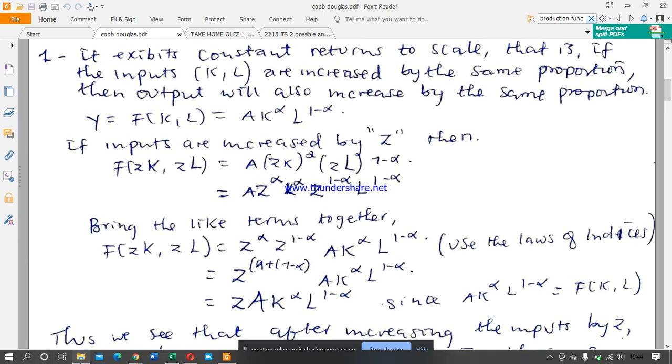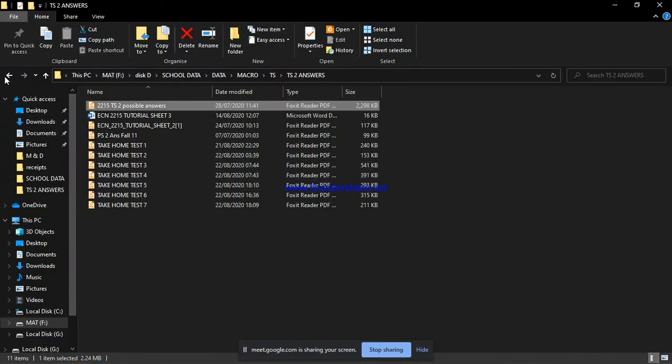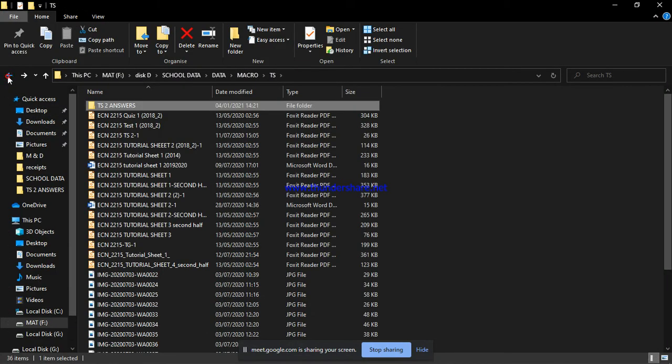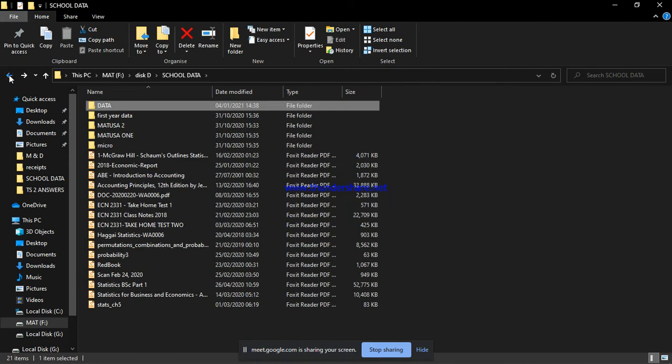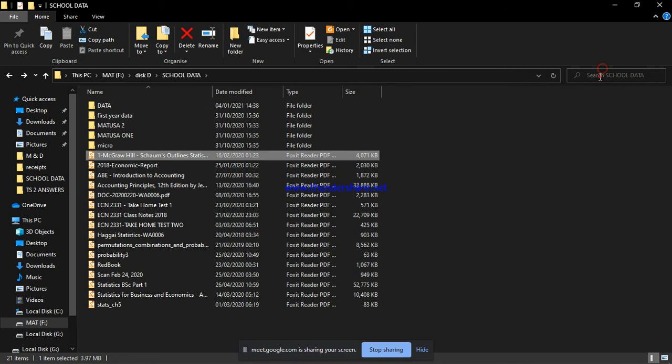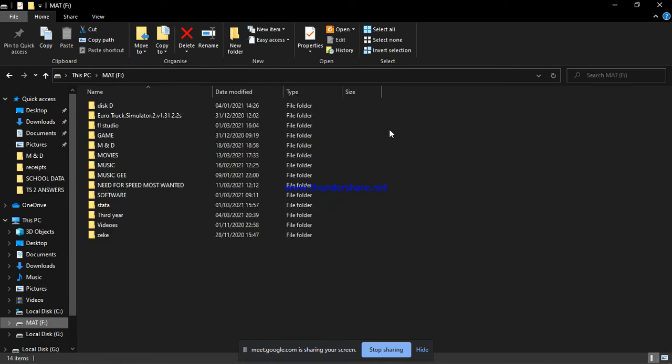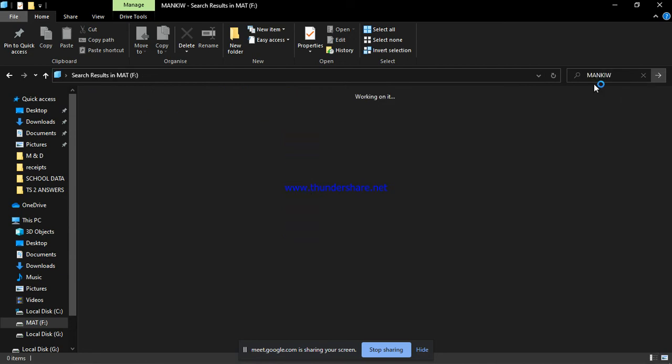If you have this book, try to use it. Let me just show you the book. It's also good when it comes to the explanation of this. Let me just search for it.